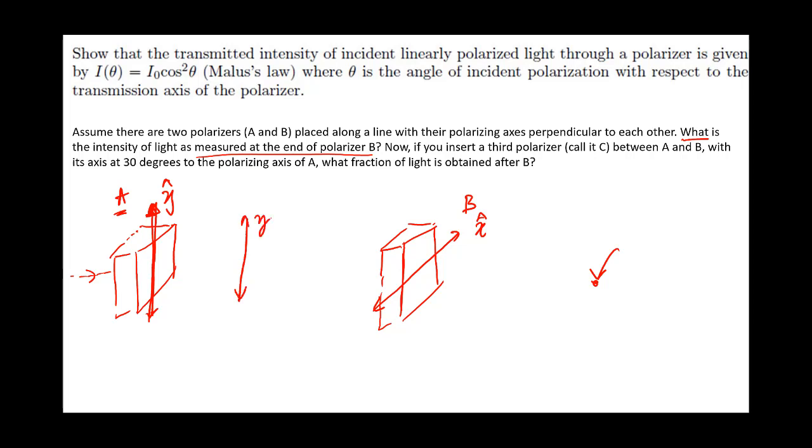Because it's completely along the y-axis, and polarizer B is only going to let light which is along the x-axis through, this light would have no component along the x-axis, so none of the light makes it through. So you have zero, because the polarization directions are perpendicular.